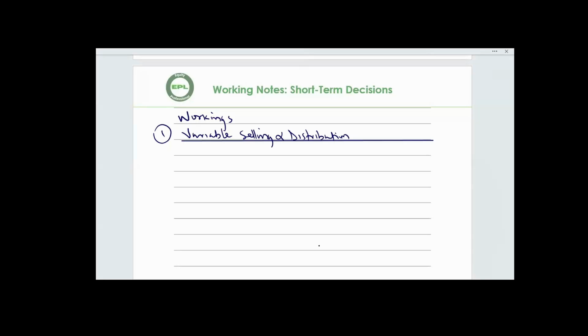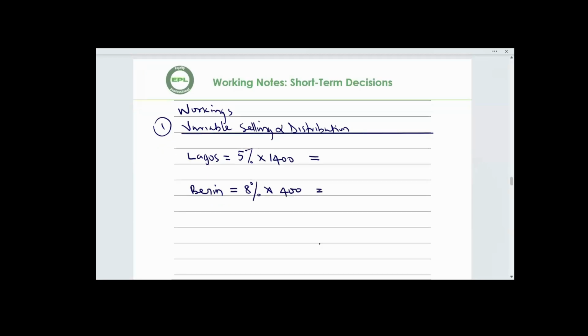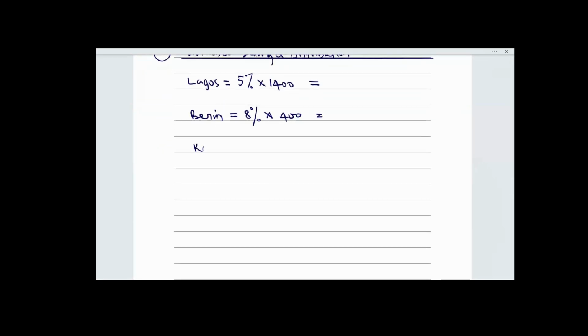So for Lagos, we are given 5% multiplied by the sales. Sales of Lagos is 1,400. For Benin, 8% multiplied by 400,000. Then Kaduna is 10% of the sales value of 200,000.